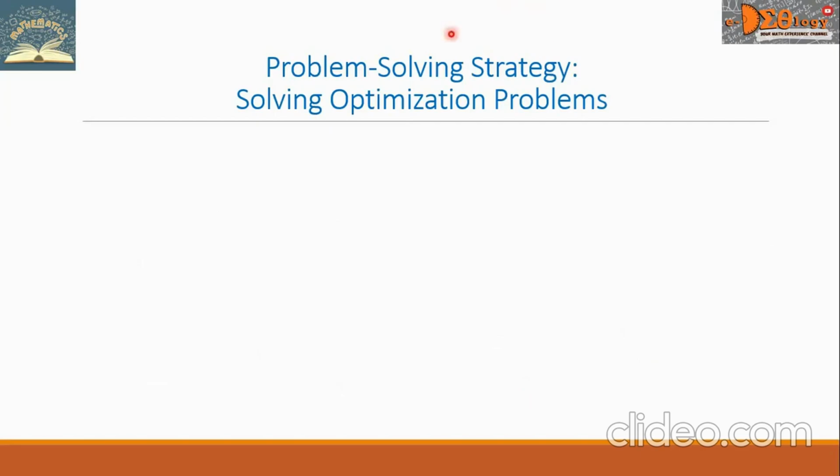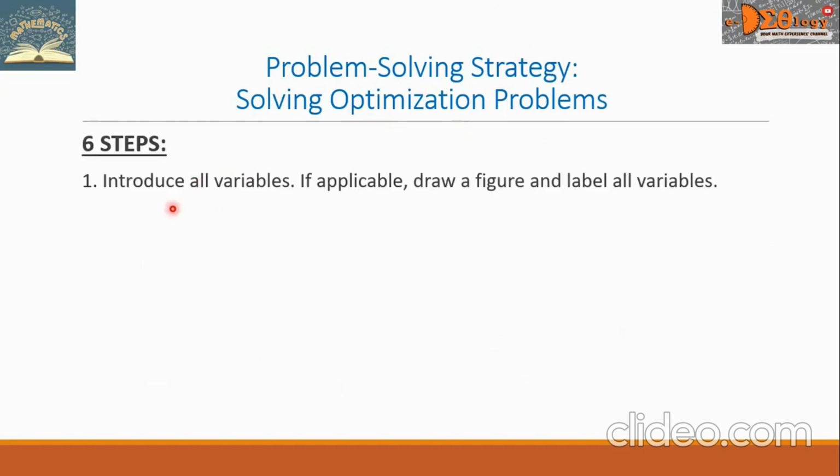Here now is the problem-solving strategy of optimization problems. We have 6 general steps. Step 1. Introduce all variables. If applicable, draw a figure and label all variables.